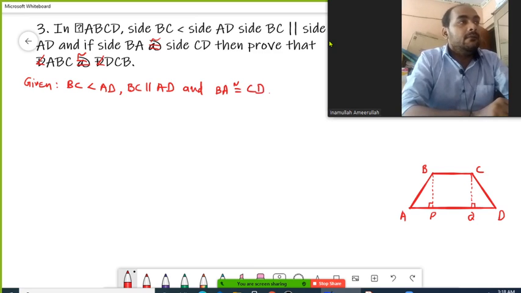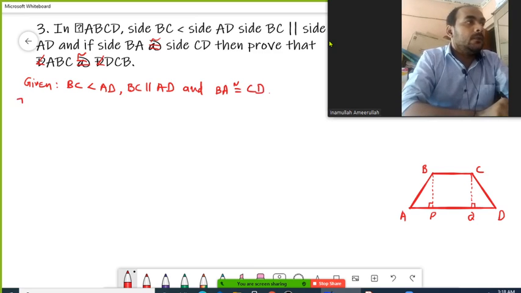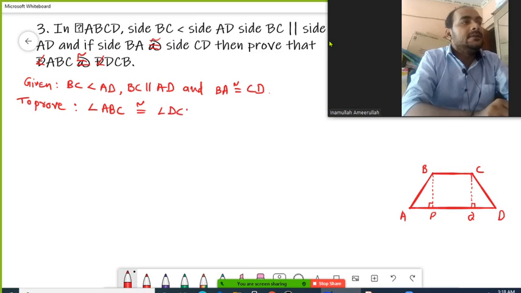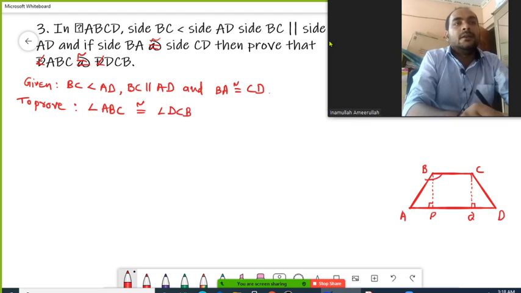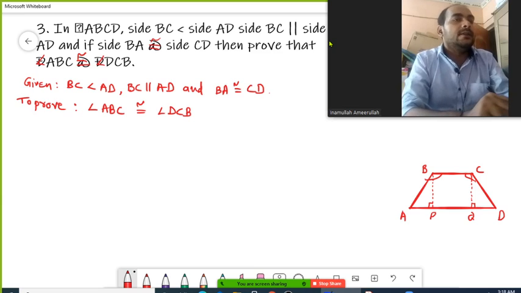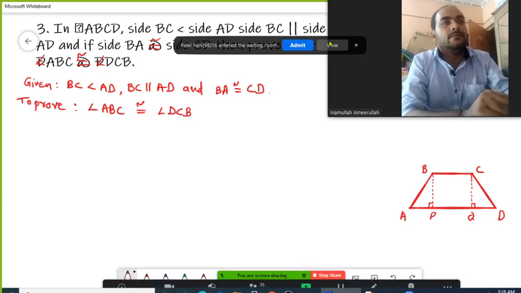These are given information. We need to prove angle ABC is congruent with angle DCB. ABC is this angle, and DCB means this. These two angles are equal, that we need to prove.